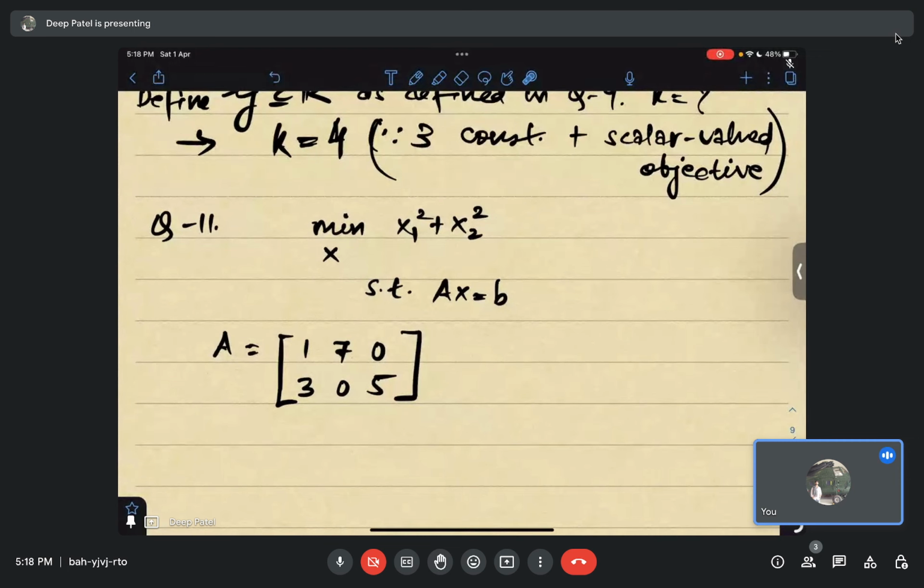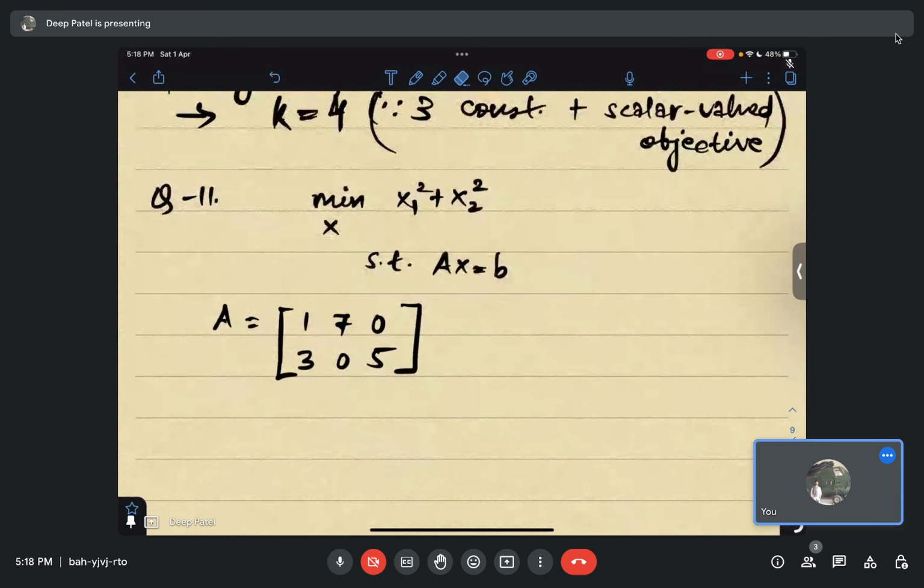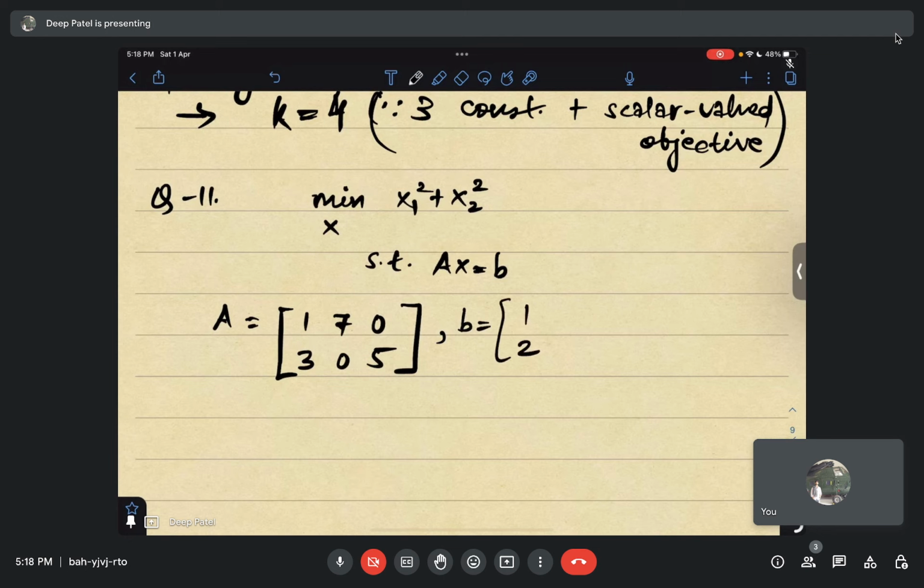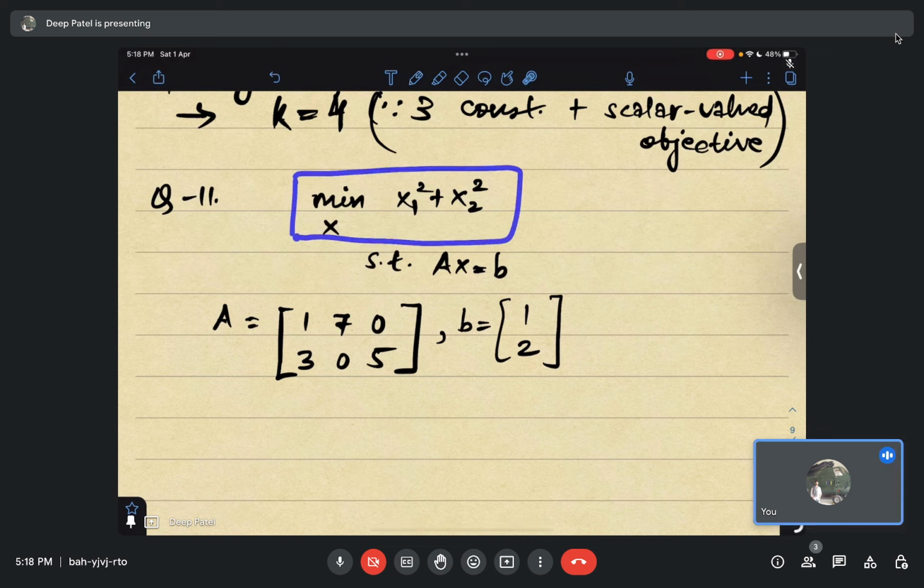Is this problem even well posed? Minimize x1 squared plus x2 squared such that Ax equals b. I'm not saying minimize just this. That is of course well posed, because the minimum value is 0. But I'm saying subject to this constraint.